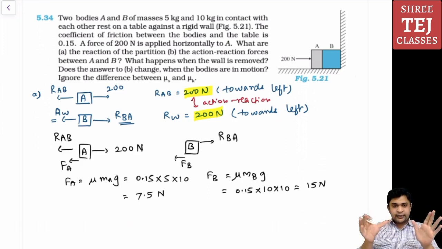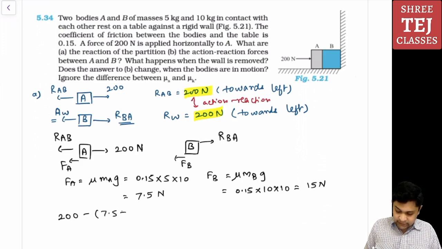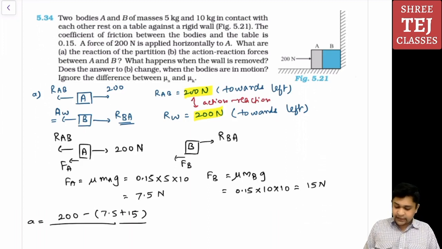Now if we treat them as a one single system, if we assume that they will move together, what is the net force on the system? Net force on the system is 200 minus 7.5 plus 15, and acceleration A would be divided by the total mass, which is 15.